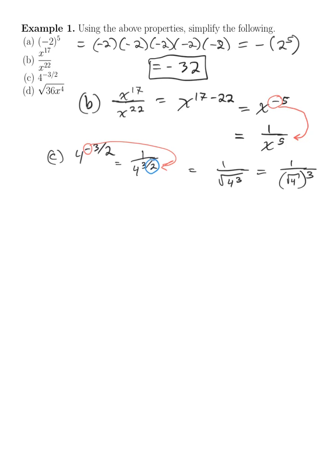Whichever way you like, they are equal. I guess the second way is a little better for us to simplify, because the second way is something I can take the square root of. So this is 1 over, and instead of the square root of 4, I'll simply write 2. And then it's 2 cubed. And so finally, that's 1 over 8.